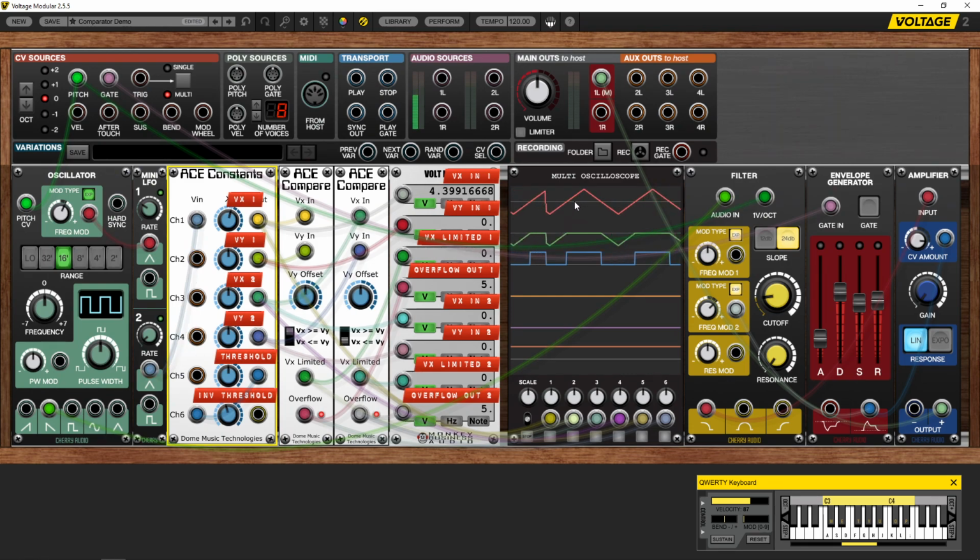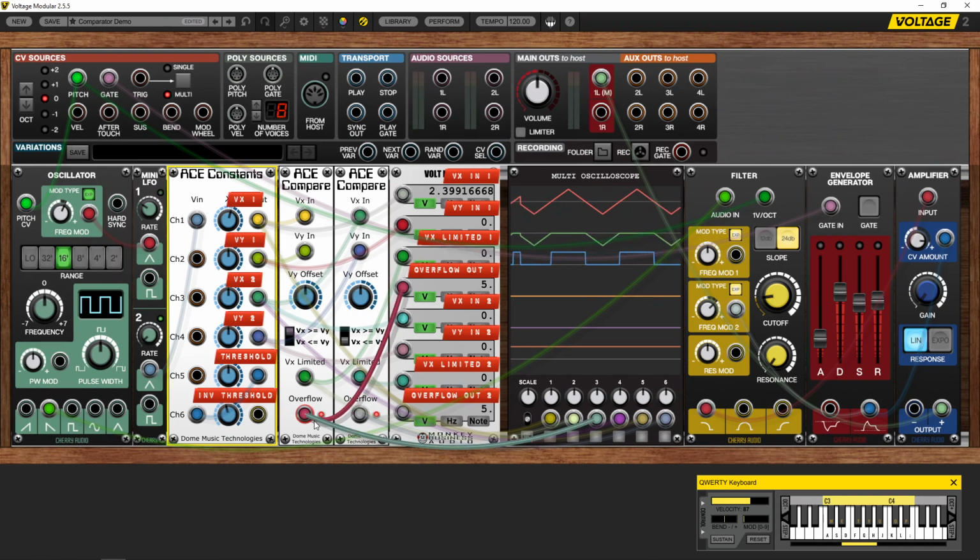So this is the input voltage X. This is Vx limited output, so it never goes above 0 volts, and anytime the Vx input does go above 0 volts, then the overflow line goes logic high and the LED comes on.